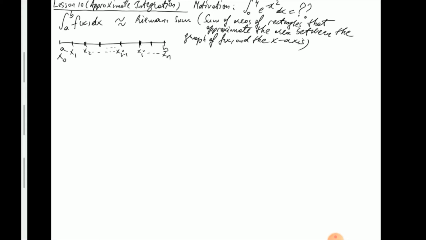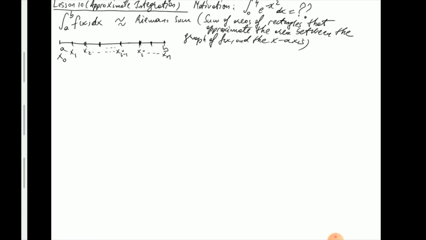The rectangles are constructed by raising a perpendicular over the x-axis on each subinterval by choosing an intermediate point where you raise that perpendicular. So the midpoint rule, as the name implies, means that you choose the midpoint of that subinterval to raise the perpendicular.